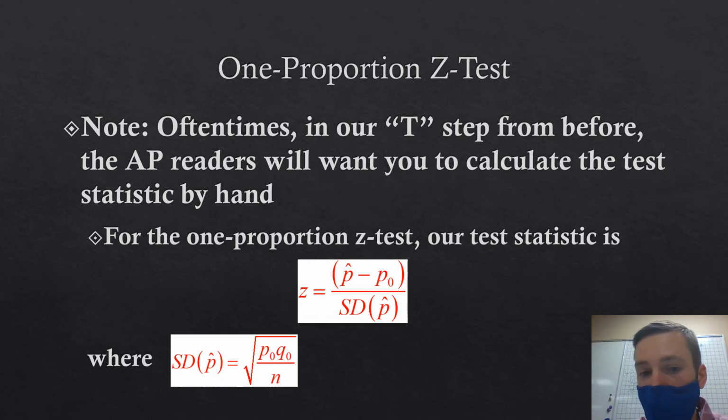It's just Z equals our p hat value minus our null hypothesis value for P. So if we assume that P is equal to 0.3, we just subtract 0.3 and then divide by the standard deviation of P hat. So again, not going to stress too much about this, but just know that it might pop up on the AP exam, and I'll show you guys on the formula sheet where that's located.